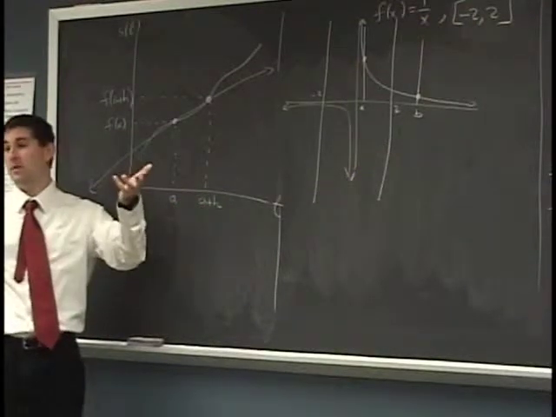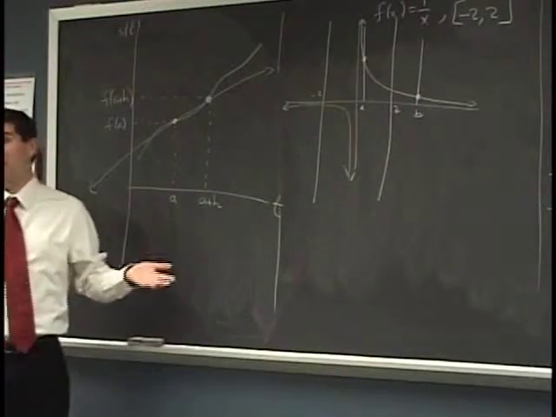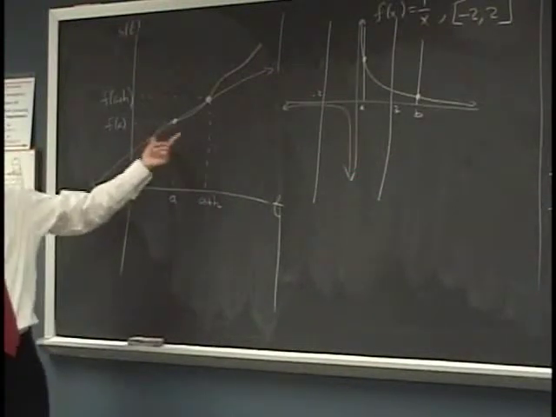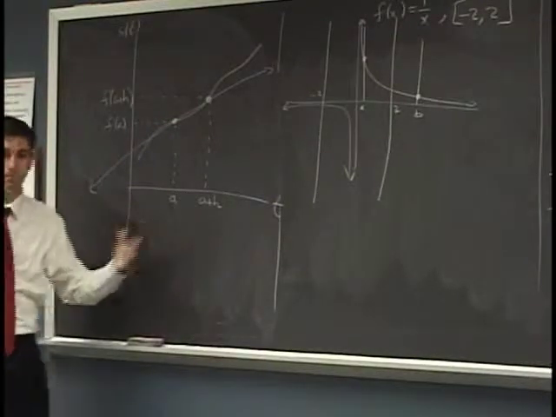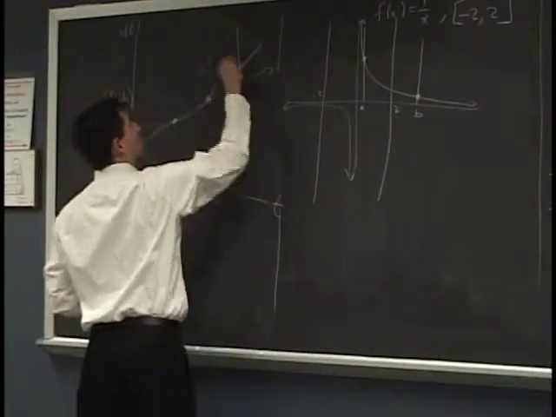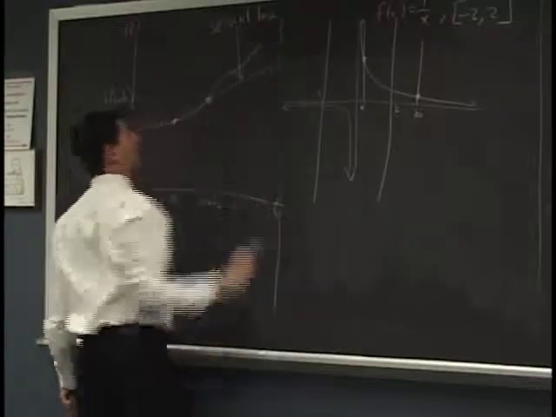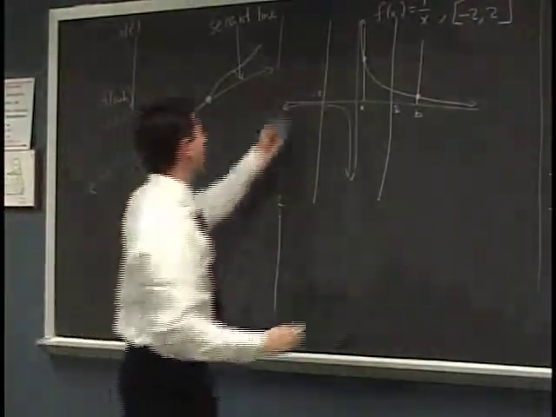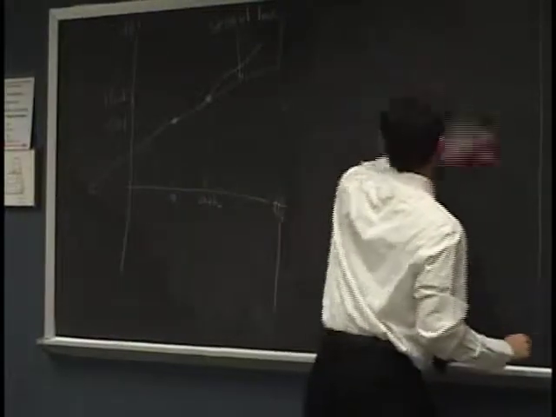So how far you went divided by how long it took you. That's exactly your average velocity over this interval. Okay, no problem. So this line we call the secant line, and secant lines give the average velocity on an interval.